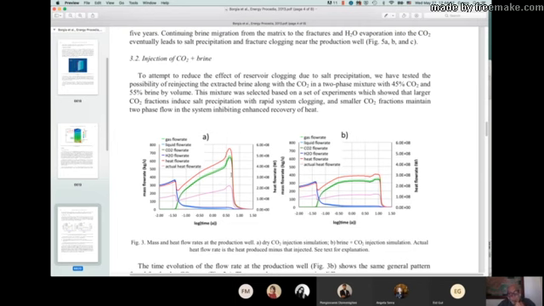Now, one thing we were trying to do is to re-inject a little bit of water so that we are not going to have so much salt precipitation. But if you re-inject water, then you're going to run the system in two-phase flow, and that is what you observe on the right-hand side. So your system is running most of the time in two-phase flow, and therefore is not very efficient in bringing the heat to the production well.